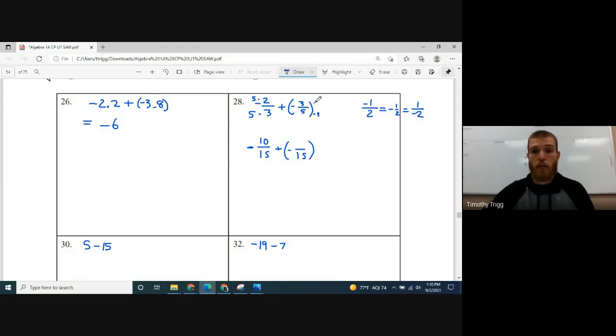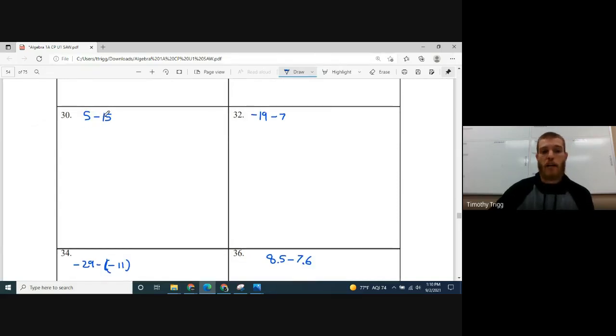And so you multiply the numerator also by 3, giving us 9/15. Okay, so we have negative 10/15 plus negative 9/15. Again, they're both negative, so they're going to add together. So that's negative 19/15. And again, you could put the negative on the numerator, which is usually what I do. But you could put the negative in front of the fraction. That's acceptable as well.